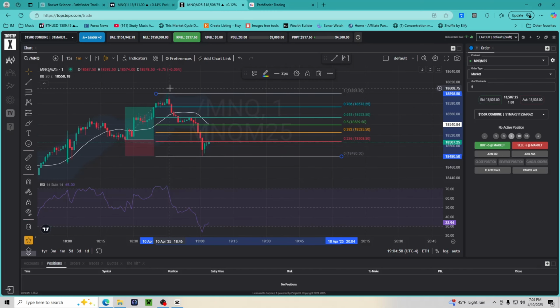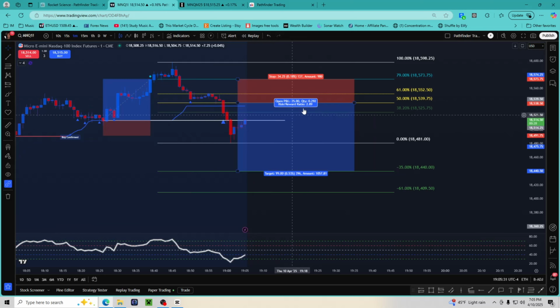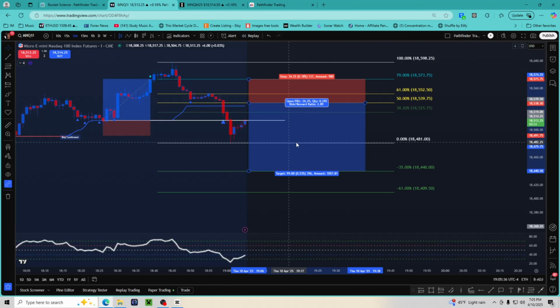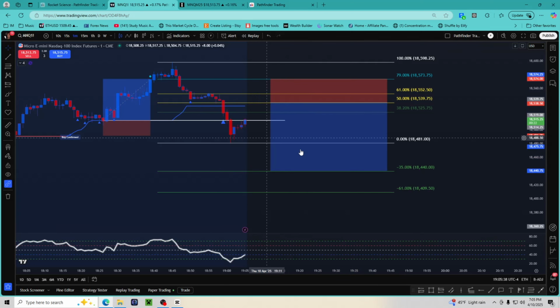So you can see I've got my box drawn up. This gives me a 1 to 2.89 here from this level if it does in fact reverse from that level. So you can see the price coming back above. And I'm going to erase this little 38% here. We don't need that on there. There we go.